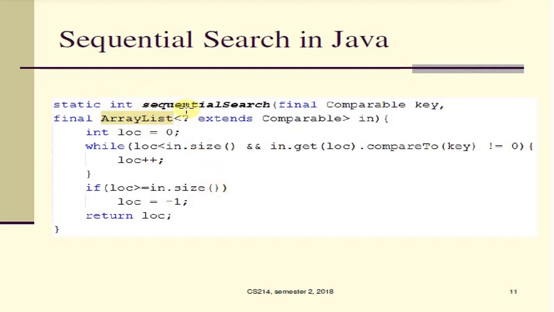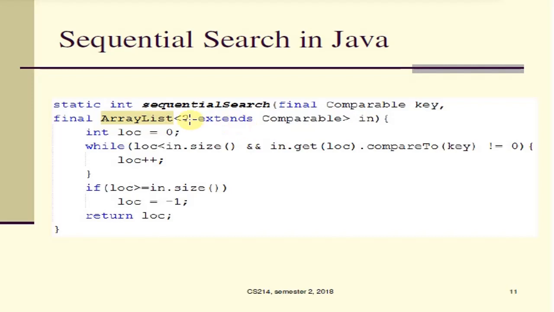Here we have a sequential search method, right? So sequential search, and then here open parentheses and close, right? So all the way here it's receiving some parameters, right? So the first one is a key, a comparable key that it is receiving, and the next thing that it is receiving is an array list.